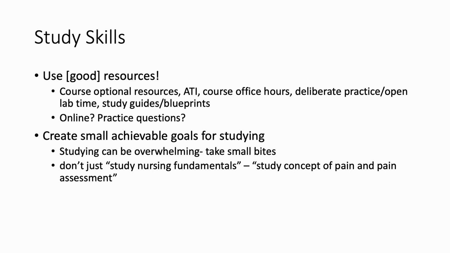Maybe there's no peer tutors available. Maybe ATI resources aren't really helping you, and you start to resort to looking online. Keep in mind that there's a lot of stuff out there that may or may not be reliable. And so look at the sources, look at the content creator, think about, do they have your best interest at heart? And if you're seeing discrepancies, bring them up to your faculty.